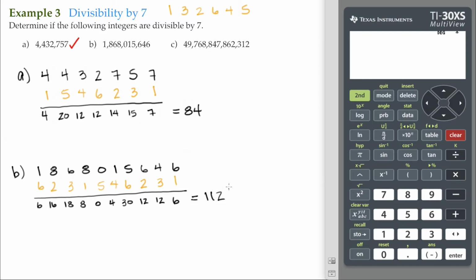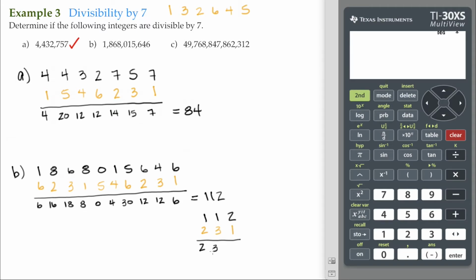Now we can repeat the process. Rather than using our calculator to go ahead and do the division, we can just repeat the process. So we'll go 1, 1, 2. Here is our ones position, our tens position, and our hundreds. 1 times 2 is 2.